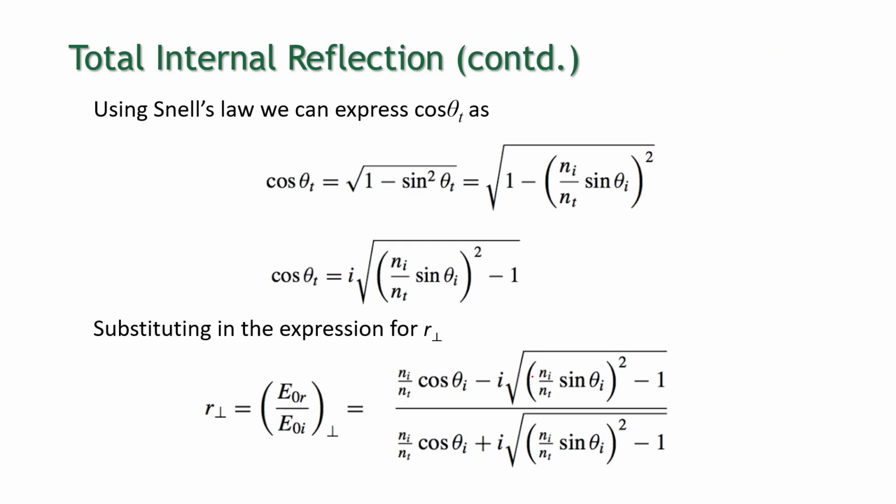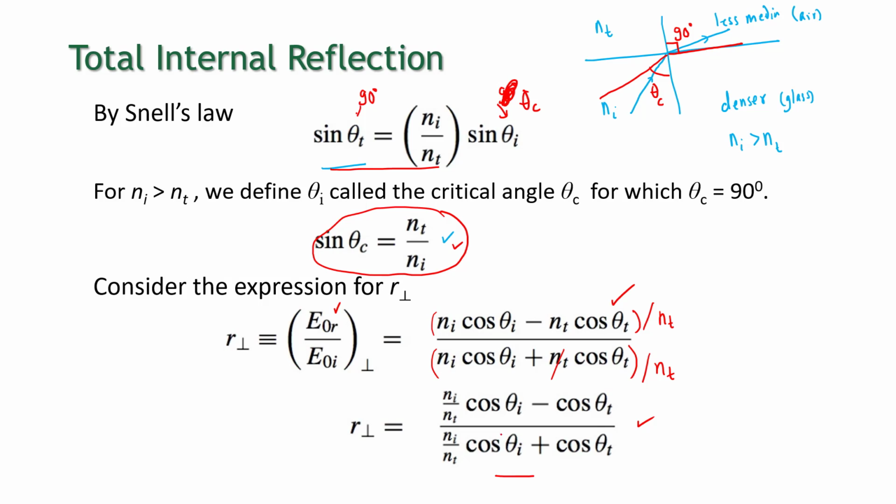Now we can write this cosine of theta i in terms of sine of theta i, because we want to use this expression in this one. Somehow I need to change this cosine into sine, and we know this formula for sine and cosine: cosine squared theta is 1 minus sine squared theta.